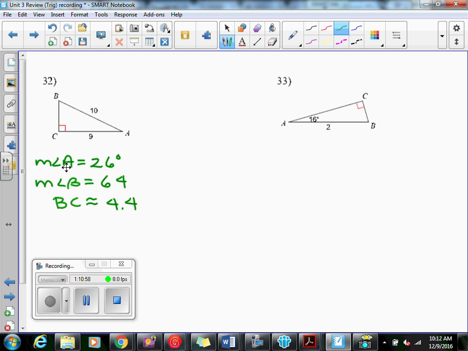Over here for number 33, the measure of angle B is 74. And segment BC is approximately 0.6. And segment AC is going to be 1.9. Okay, so those are your answers. When you do it on your own, you can check your work and make sure you do it right.